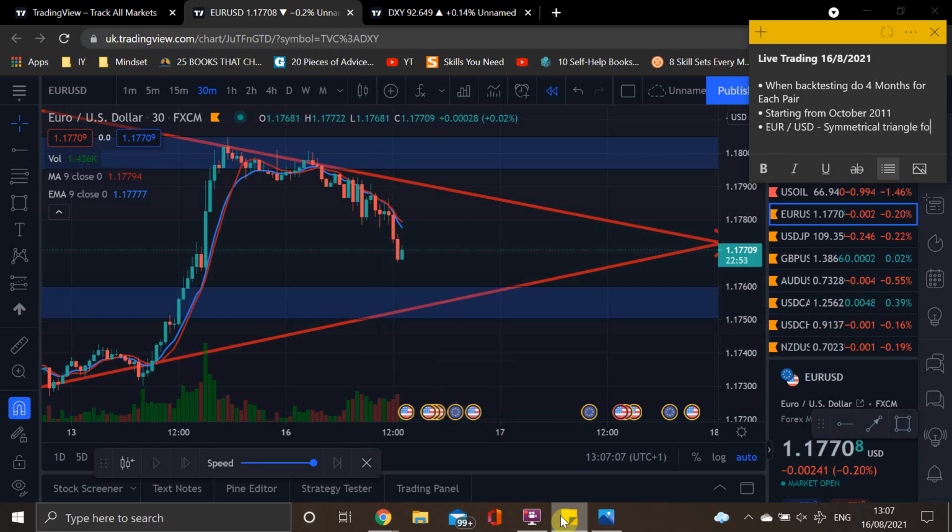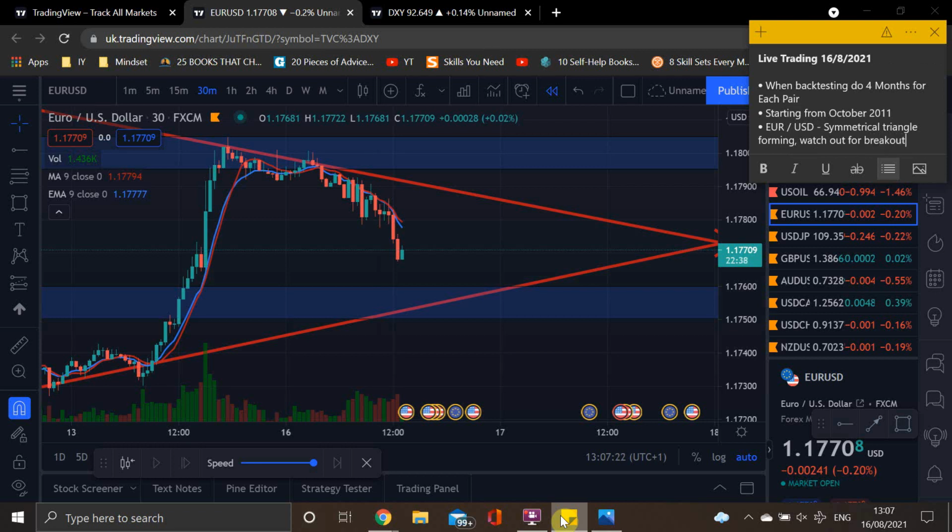Symmetrical triangle forming. Watch out for a breakout or a retest on the bottom of the breakout.